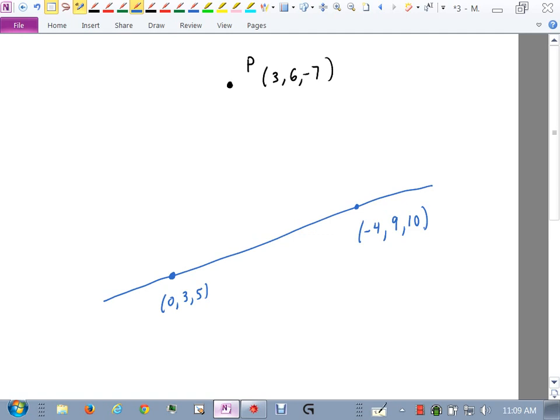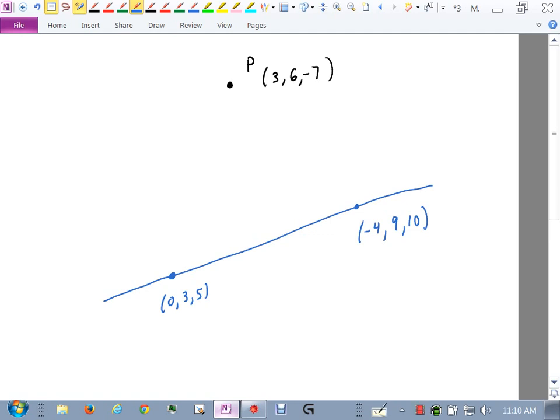So very quickly, tear out a sheet of paper. Put your name on it. This is going to be a quiz. This should take us 2 minutes, hopefully. Give me, on that sheet of paper, the vector equation of the line through those 2 points.